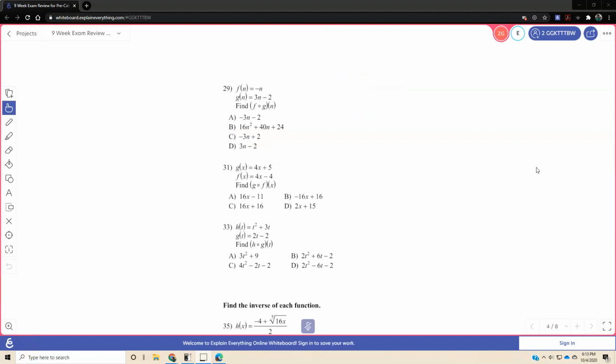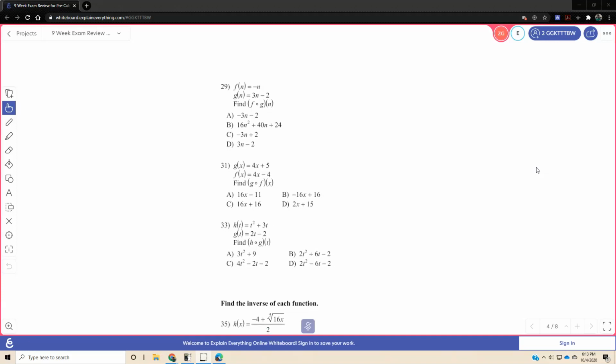29, 31, and 33 is composition. So we have F and then we have G of n.